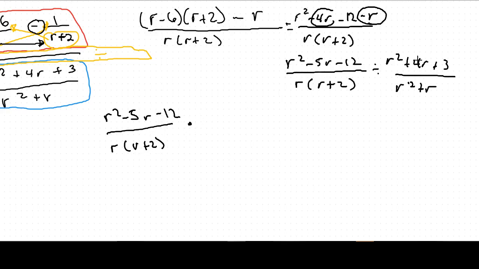And then I'm going to flip this one. Okay. You got the exact same thing I got? Okay? Yeah. Now I'm going to factor this part. This r here and that r there cancel.